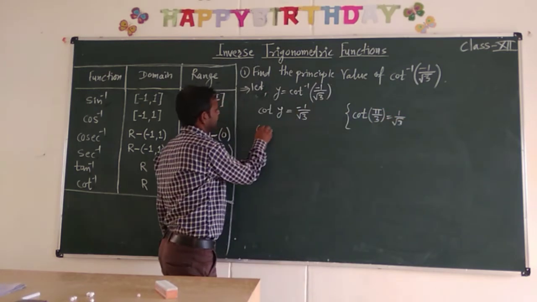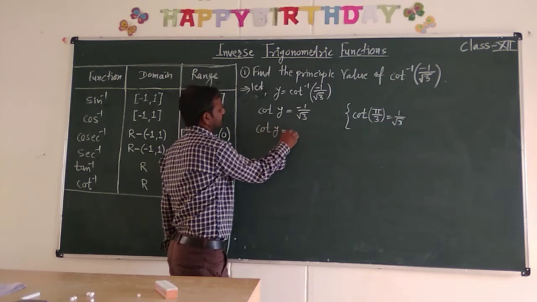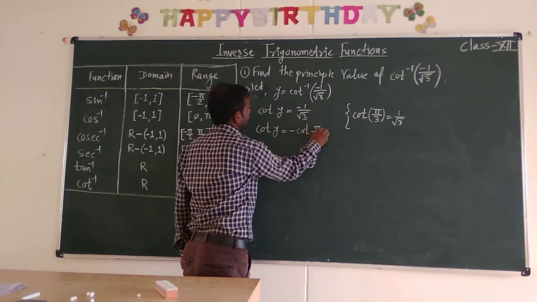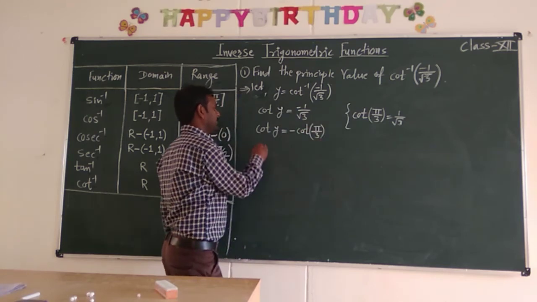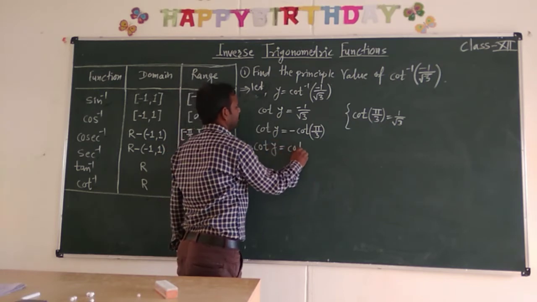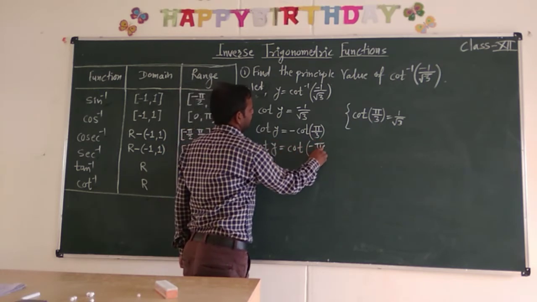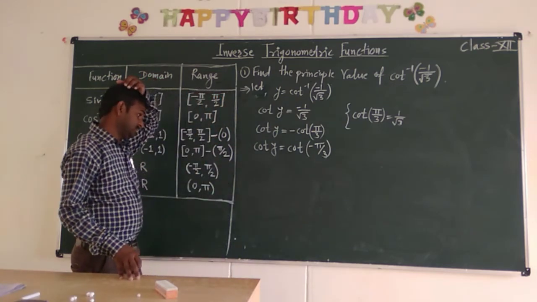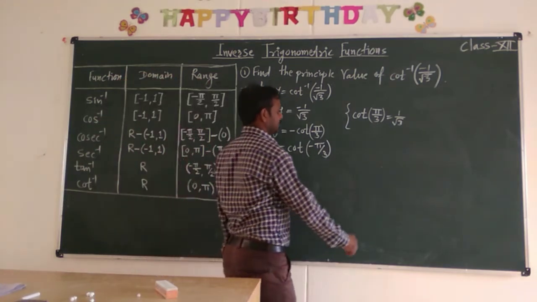So we write cot y equal to minus cot of pi by 3, and again we write cot y equal to cot of minus pi by 3.